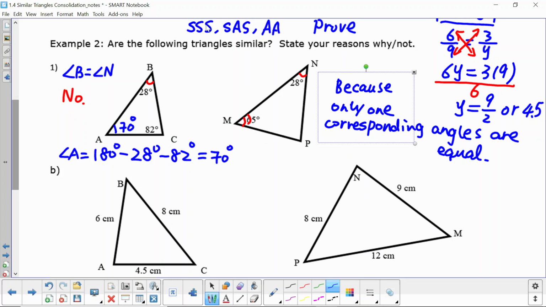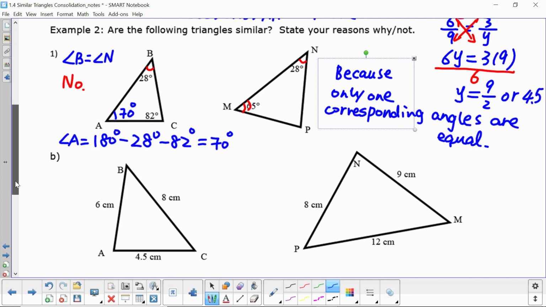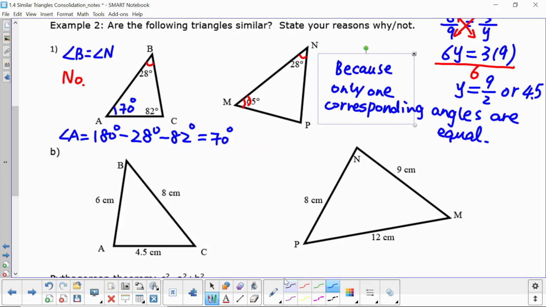So we are going to see if we could use side, side, side, corresponding ratios equal. When we decide the corresponding ratios, you need to determine which two sides are corresponding. So the rule is longest to longest, okay, corresponding, and the shortest divided by the shortest.